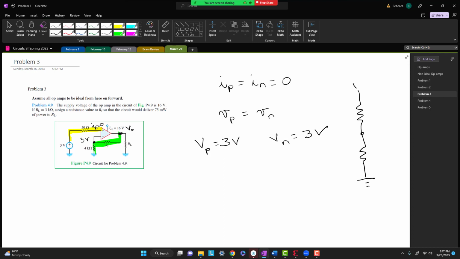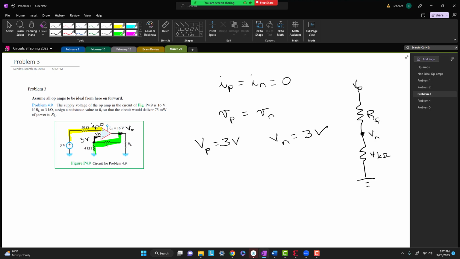Okay, this is V out. This is RF. This is VN, because it has to be VN, so that's the voltage there. This is ground, and this is 4 kiloohms.